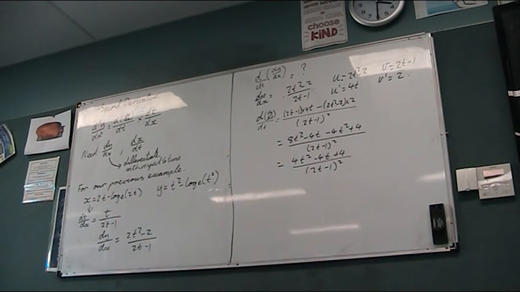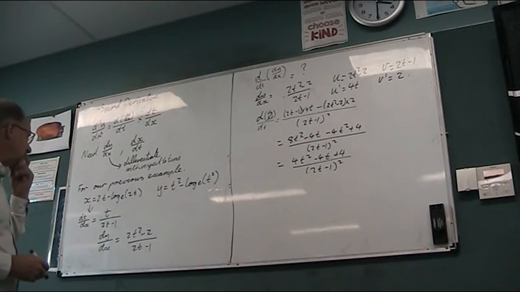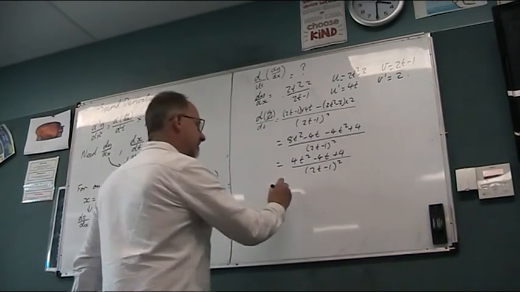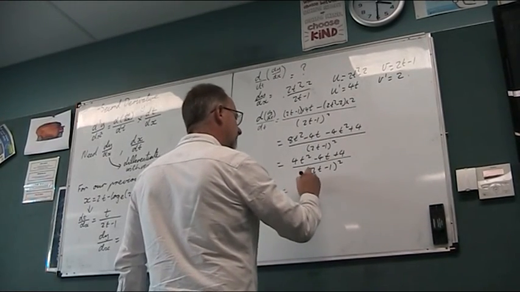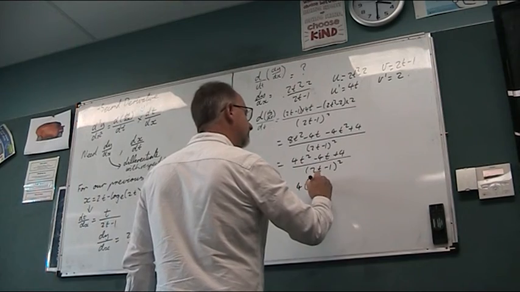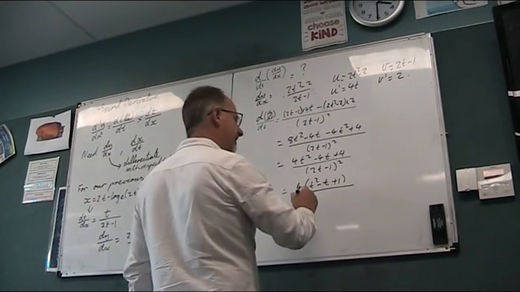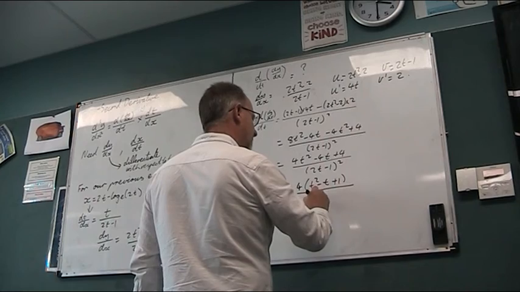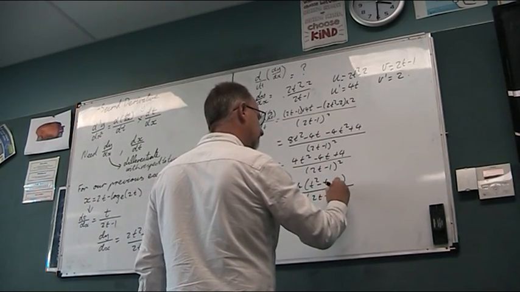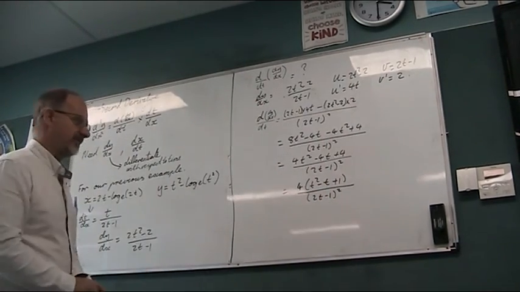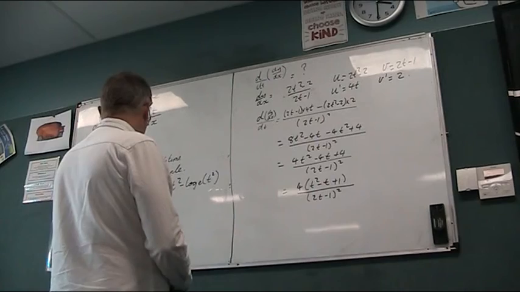But in this case, I don't think there's anything going to cancel. The only thing I can do is take 4 out, and then you've got t squared minus t plus 1, and that doesn't factorise easily at all. So leave that as it is.